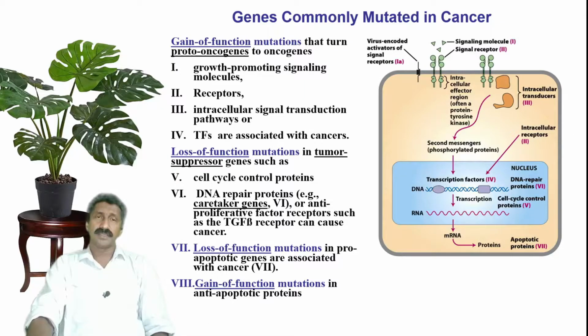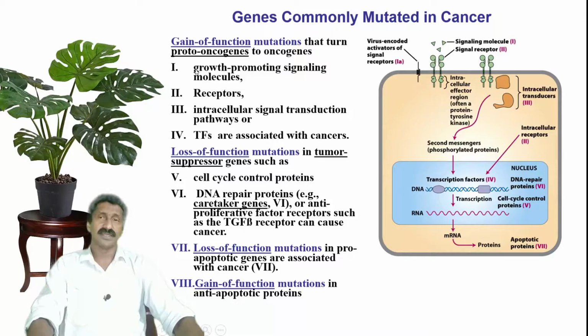Genes commonly mutated in cancer, as we discussed, may include 7 or 8 categories. The first one is gain of function mutations that turn proto-oncogenes into oncogenes. So the gain of function mutations may affect wherever. What are the stages?